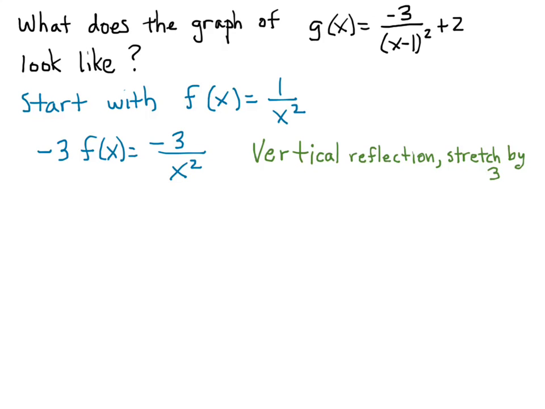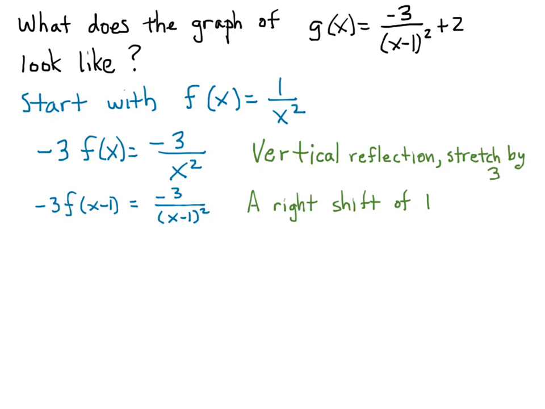And so this thing is going to make a vertical reflection, so it's going to be upside down, and it's going to stretch it. And with this particular graph, unless you start putting numbers on the graph, it's hard to see the stretch. So we'll just understand that we do have a stretch involved here. Then the next thing that we do is, we don't have x, we have x minus 1.